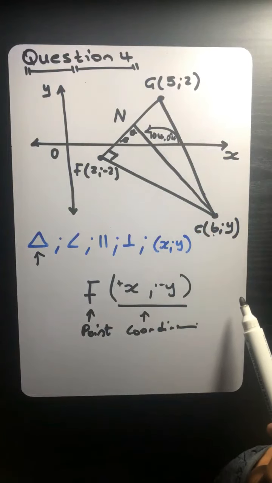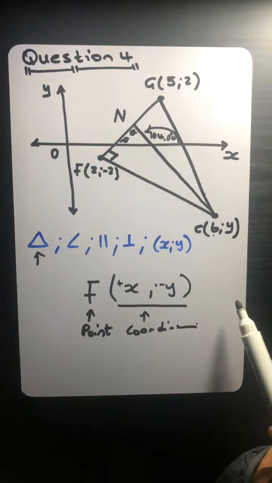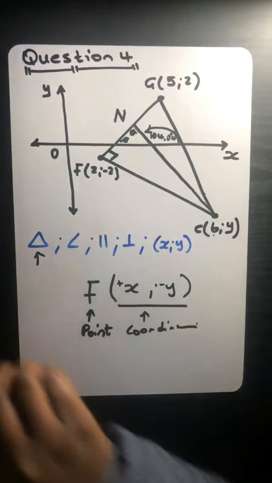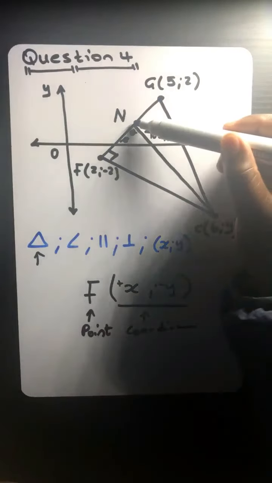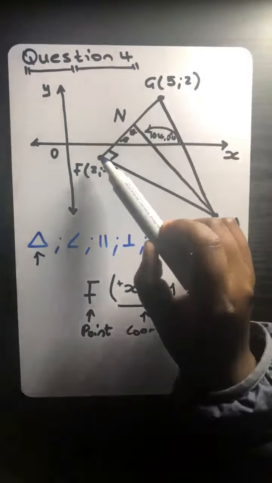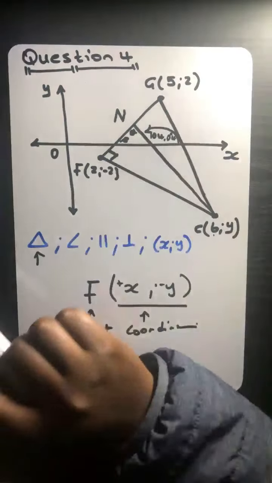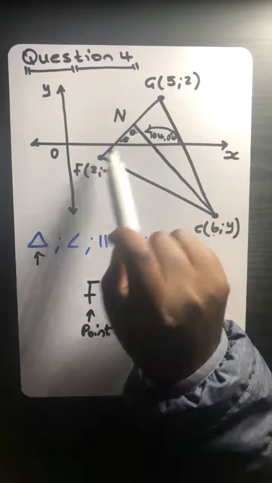So let's now proceed. So N is a point on FG such that the inclination of NC is 104.04 degrees. Guys, be very, very careful of something. Someone in this group is going to think that N is the midpoint between F and G, just because it's a point closer to the middle of that line.